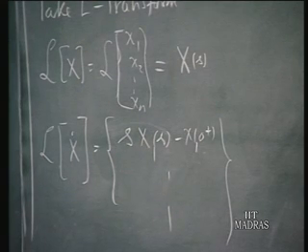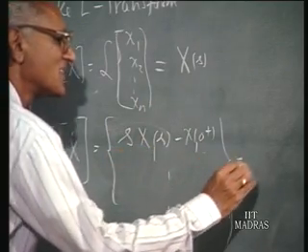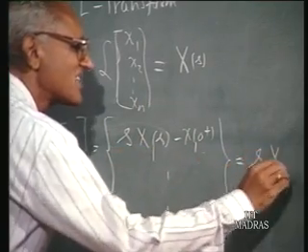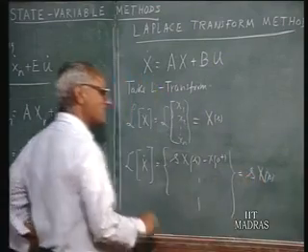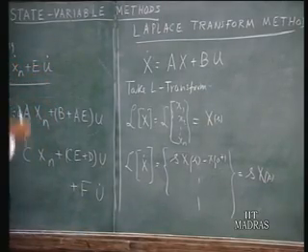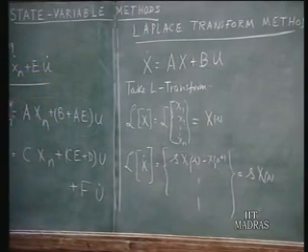So this entire vector, which consists of s times X1(s) minus x1(0+), s times X2(s) minus x2(0+), and so on, can be written as s times X(s) minus x(0+), because if a vector is multiplied by a scalar s, every one of its components is multiplied by s.